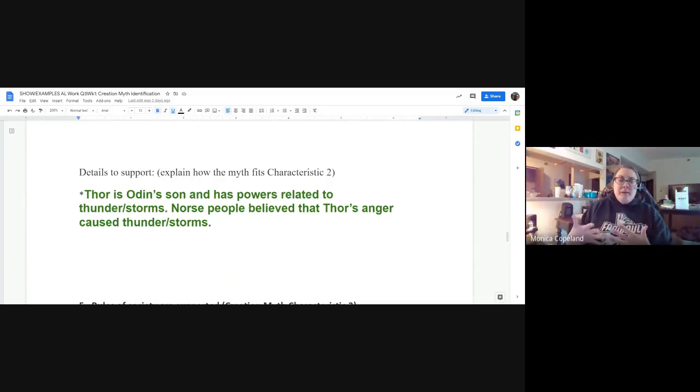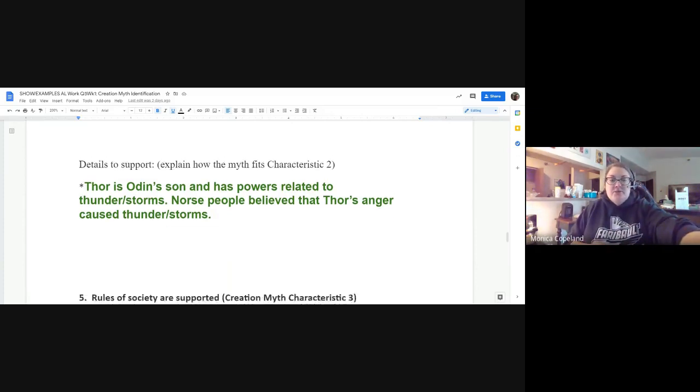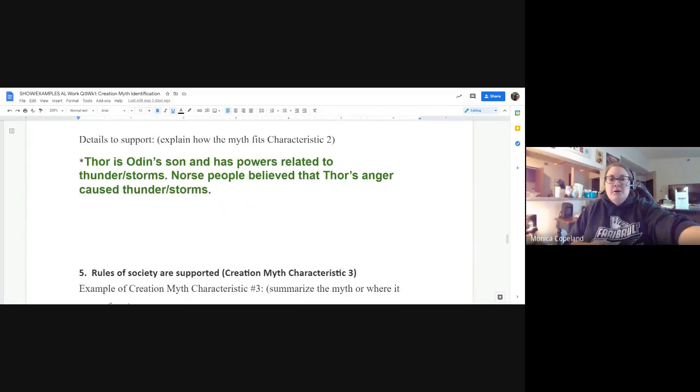How do I know that that fits characteristic 2? Natural world is explained. So I wrote, Thor is Odin's son, and he has powers related to thunder or storms. Norse people believe Thor's anger caused thunder/storms. And again, looking for content, not complete sentences when you write these. I'm going to pause so you can get that.